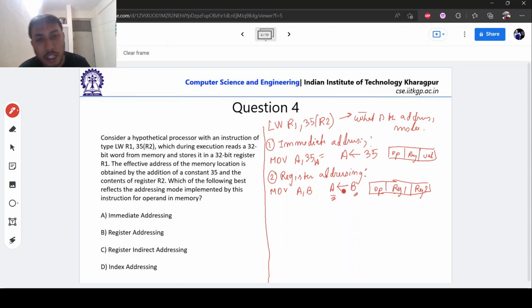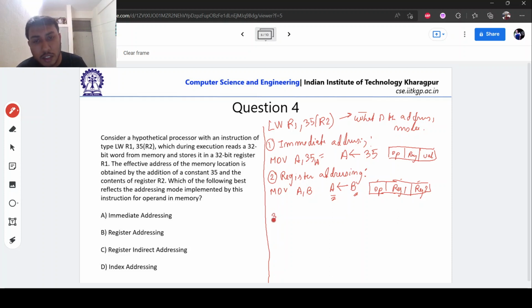So the value of B is transferred to A. Again, the instruction has an opcode, a register, and a register. This kind of addressing is called register addressing because both the operands are registers.